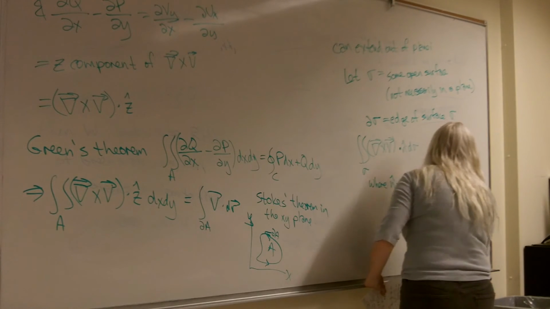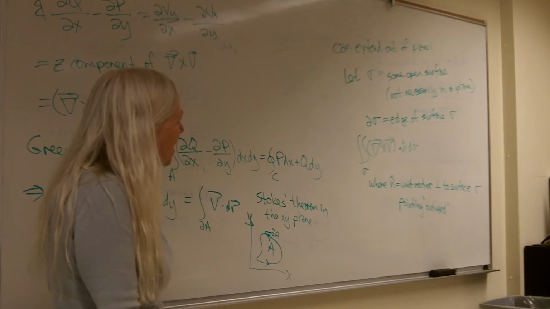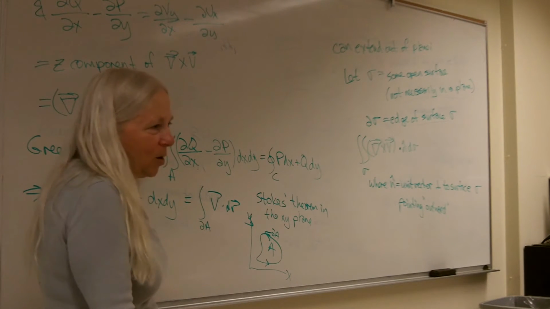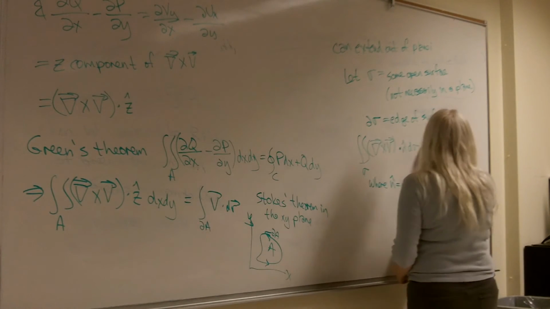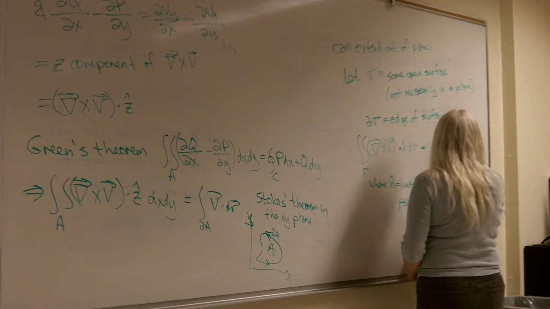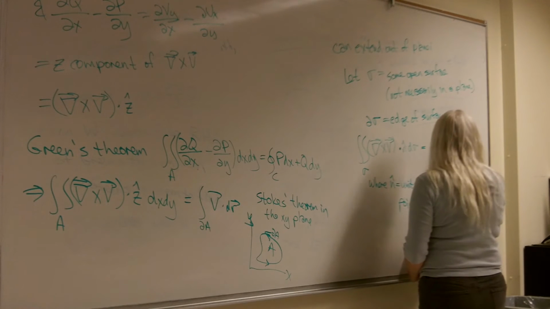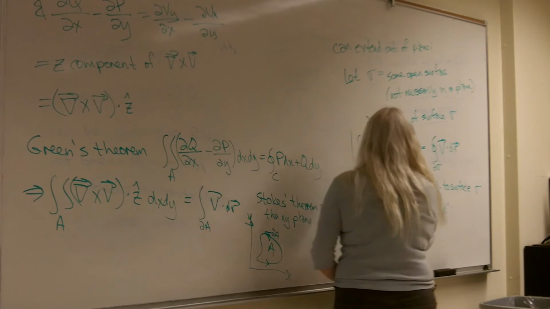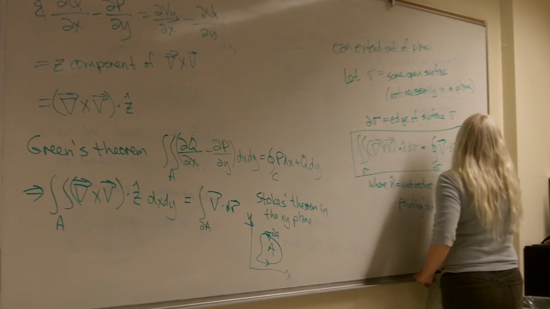I'm going to pick the one that points outward, and I'm putting that word outward in quotation marks because if we have an open surface, it's maybe not obvious what we mean by outward. Okay? But I'll come back to that in a minute. Let me just write the other side of Stoke's theorem. The other side involves v dot dr integrated around the closed curve that forms the boundary of my surface sigma. Okay, so this is Stoke's theorem.